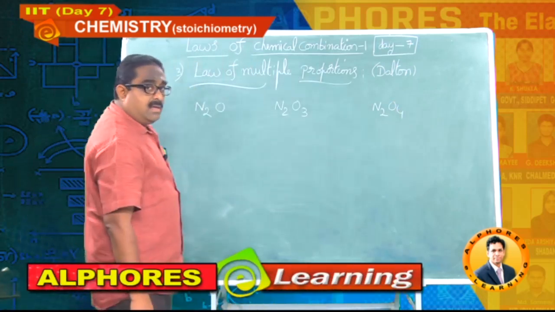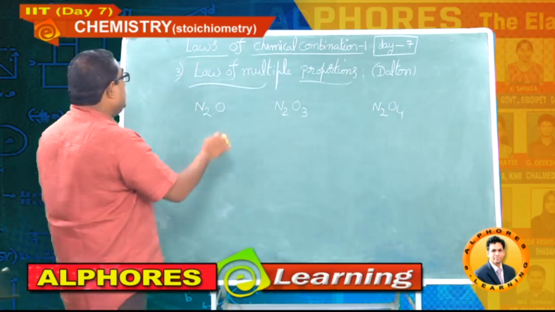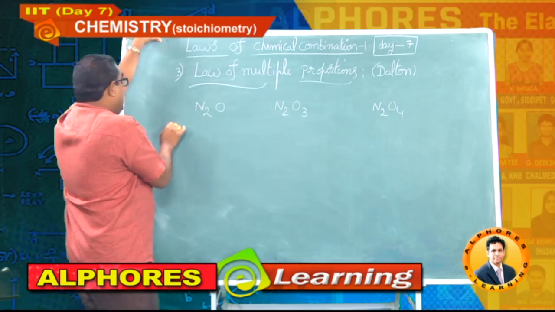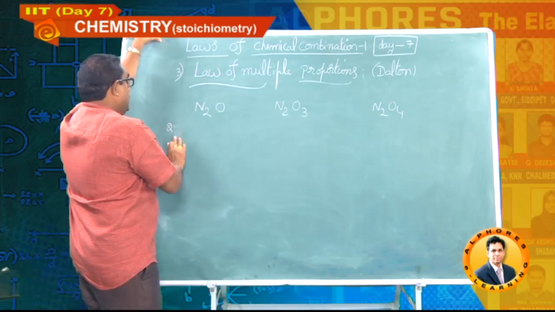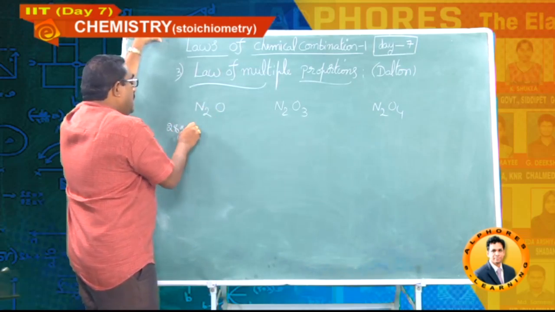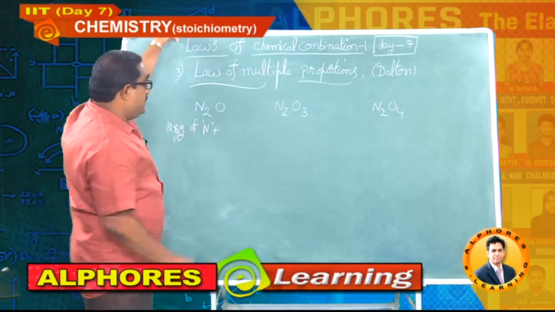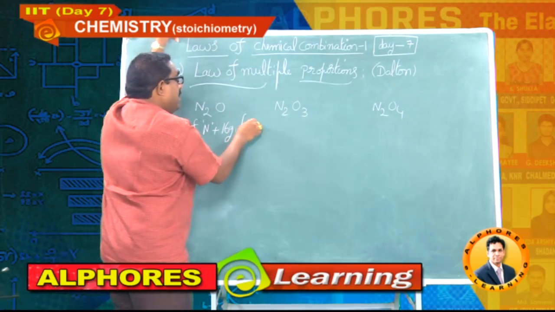I am writing the masses of these elements in this compound. 2 nitrogen atoms, 2 into 14, you can simply write 28 grams of nitrogen combines with 16 grams of oxygen.